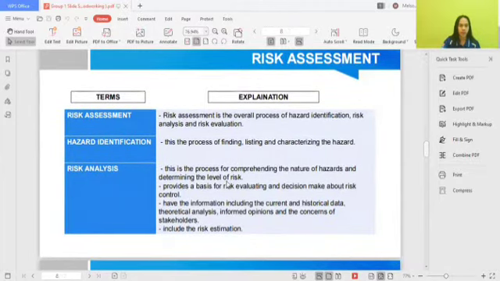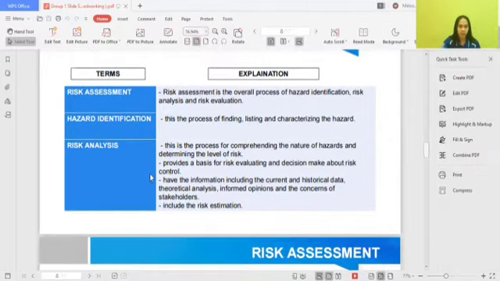Okay, we can proceed with risk assessment. Risk assessment is the overall process of hazard identification, risk analysis, and risk evaluation. Hazard identification is the process of finding, listing, and characterizing the hazard.